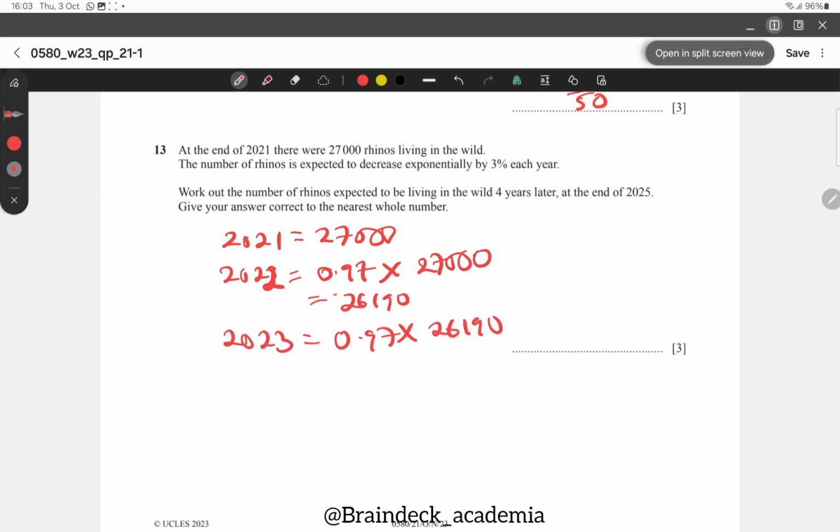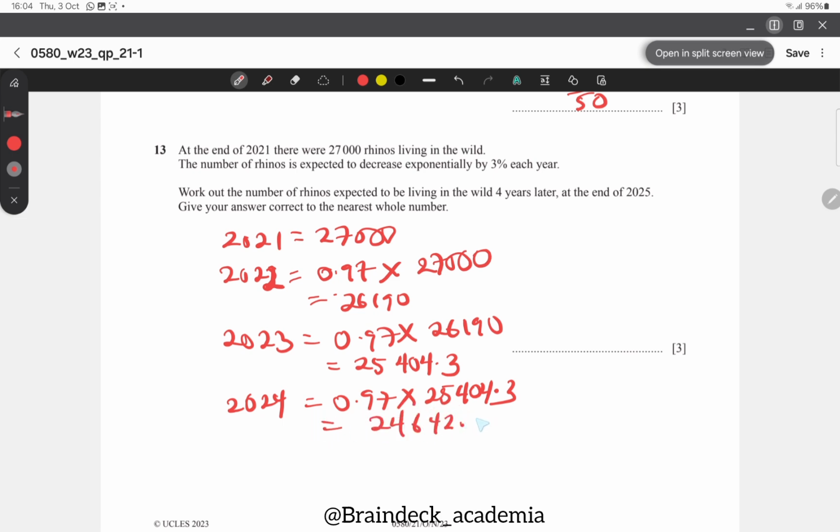That will give us 25,404.3. Then in 2024, that will be 0.97 times what we have in 2023. That will be 24,642.1.